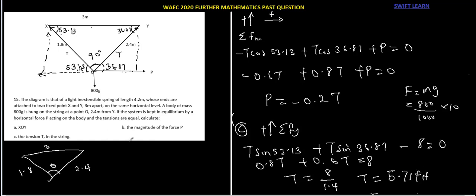So what will be our P now? Our P will be equal to minus 0.2 times 5.714.